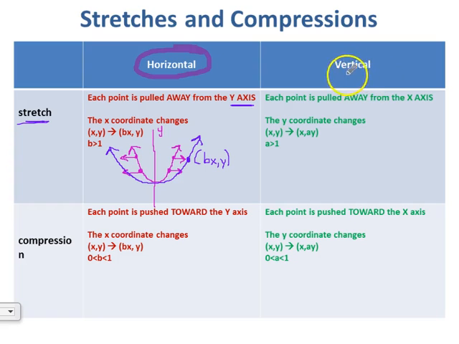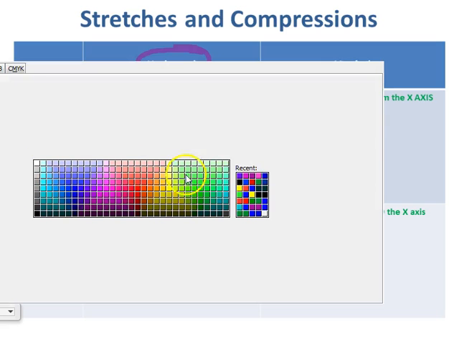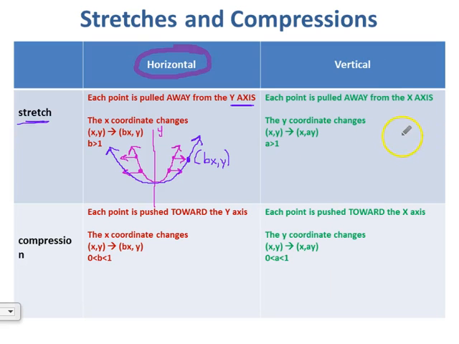But then let's talk about a vertical stretch. So for a vertical stretch, I'm going to do this in a different color, in green. We're pulling it away from the x-axis. So here's our x-axis, here's our coordinate plane, here's our x, here's our y. Let's do a graph.